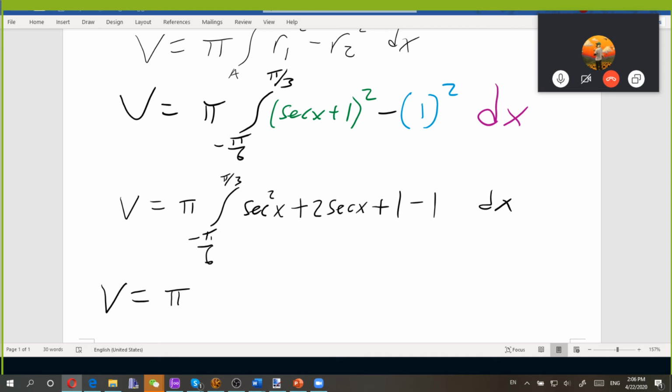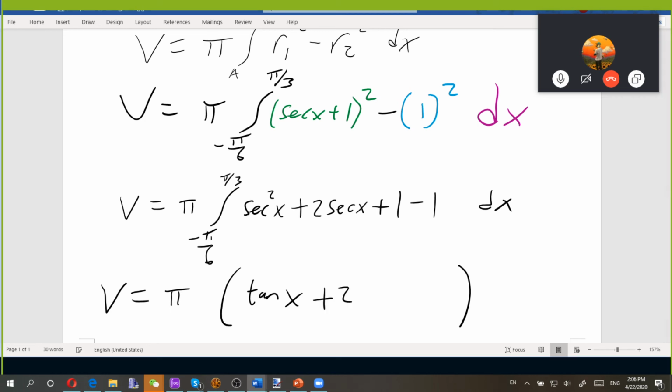Okay, tangent. My 1 and my negative 1 would cancel. Then we actually haven't done this one yet, so we don't know this one yet. But got my 2 as a constant.